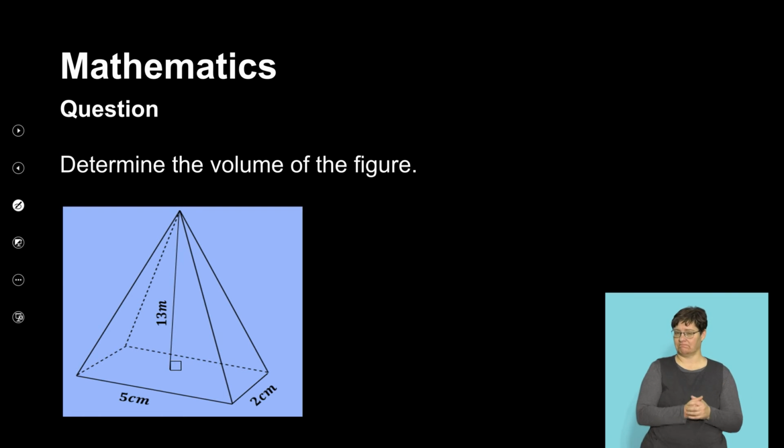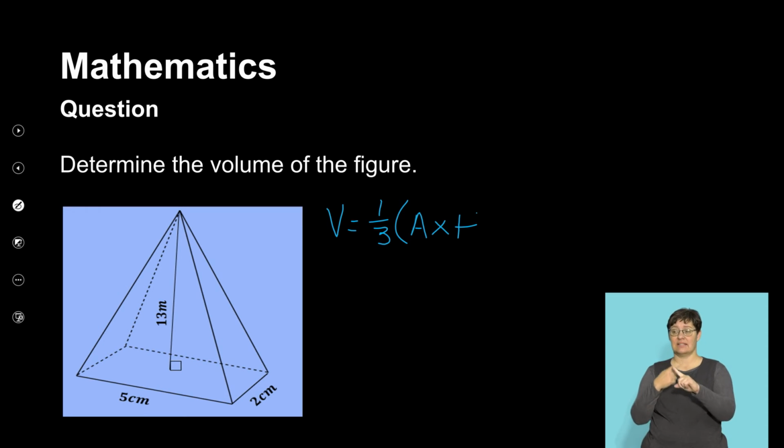So we have been asked to determine the volume of this specific figure. If we have a look, we can see that we have a rectangular pyramid. Just a reminder that we define the volume of a rectangular pyramid to be 1/3 times the area of the base multiplied by the perpendicular height.